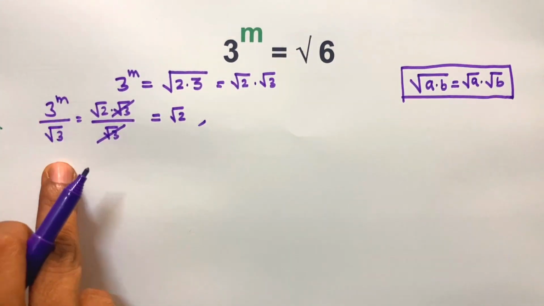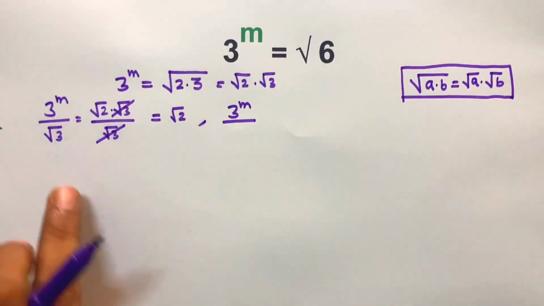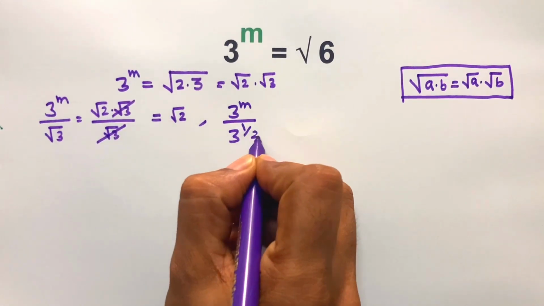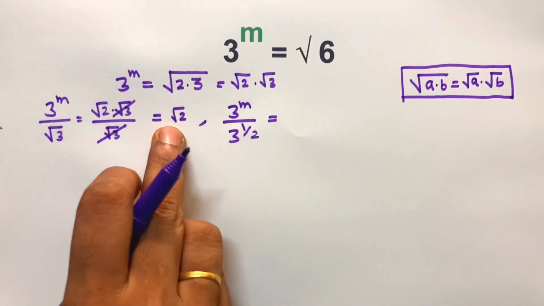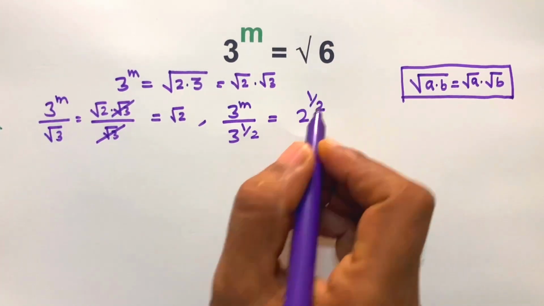This square root of 3 cancels, so this simplifies to square root of 2. This further simplifies to 3 to power m divided by square root of 3, which can be written as 3 to power 1 by 2, equals to square root of 2 equals to 2 to power 1 by 2.